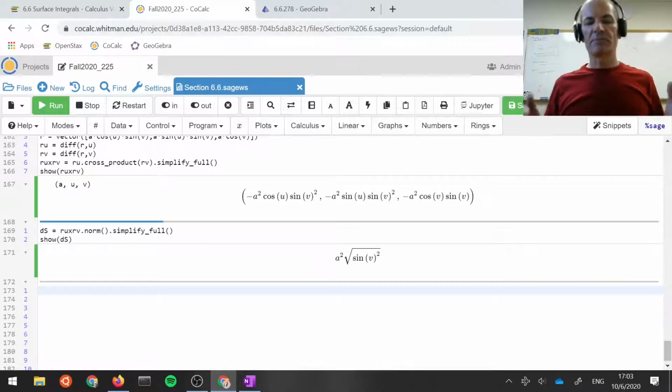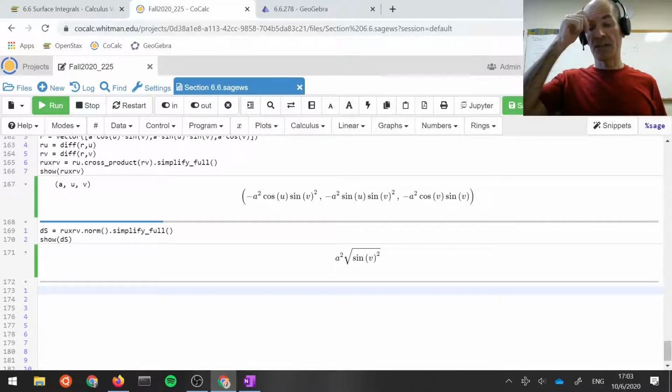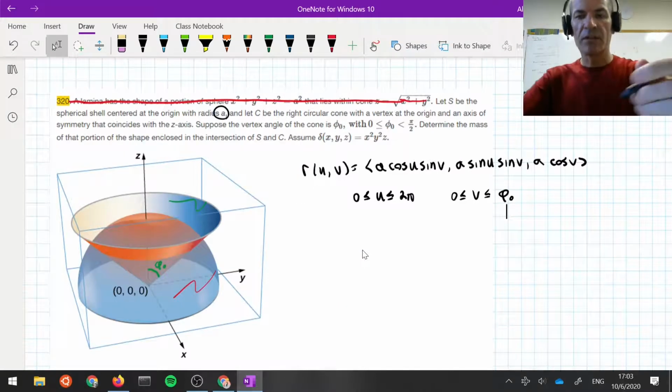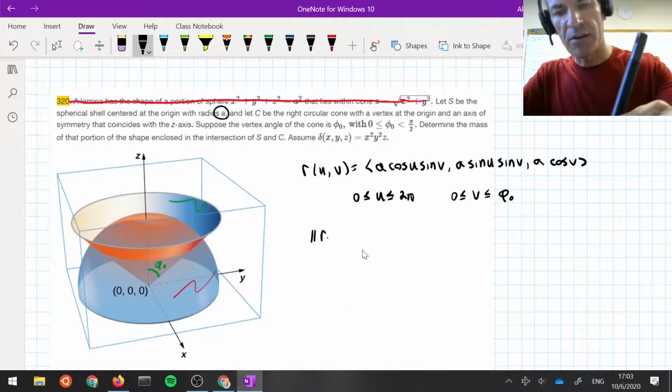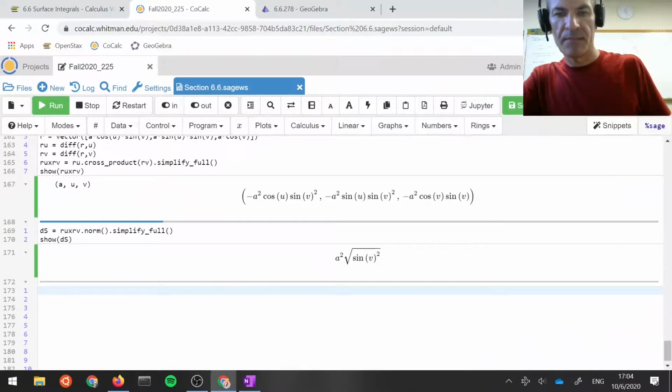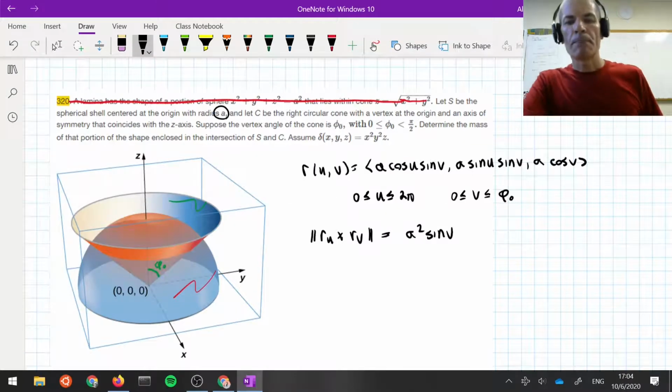Okay, so Sage is worried that the sine squared could be negative, so it's just showing you the square root of sine of v, but we can simplify that to just a squared sine v. So doing all of this work, the magnitude of Ru cross Rv is just a squared sine v. Good.